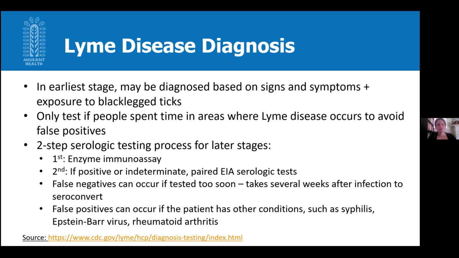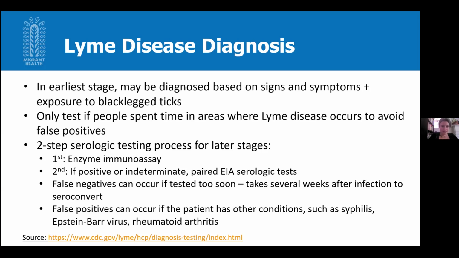So it is recommended to test people only if they've spent time in areas where Lyme disease does occur to avoid false positives. If it's in a later stage, they're past the fever and headache phase, then there's a two-step serological testing process.